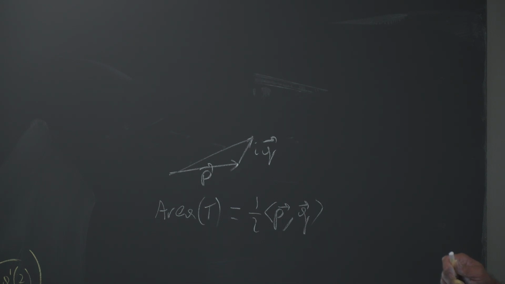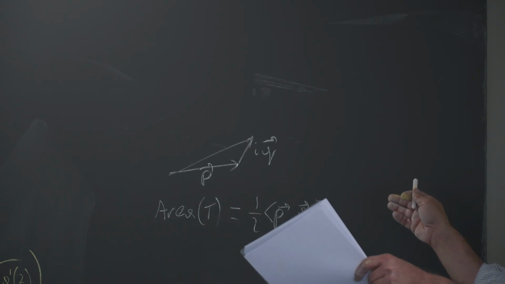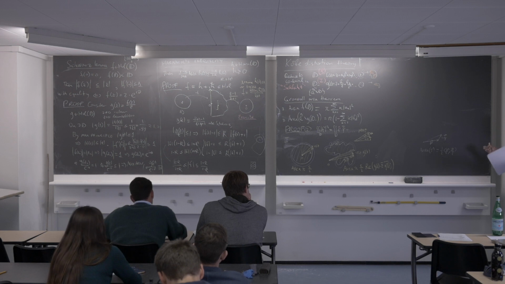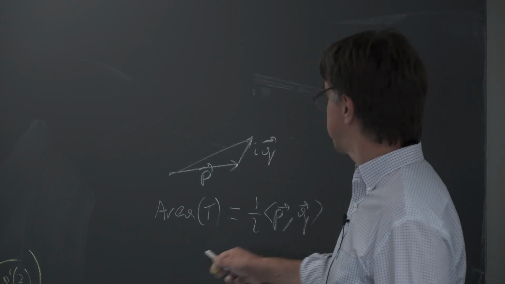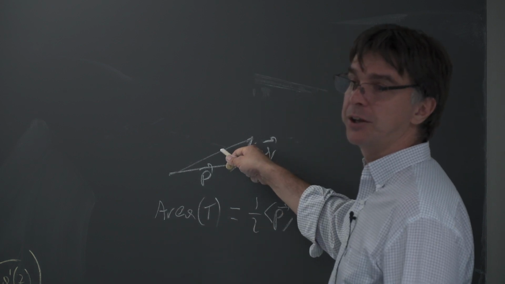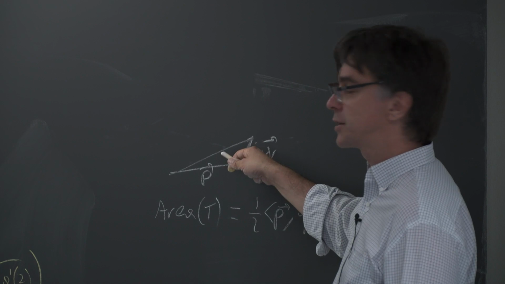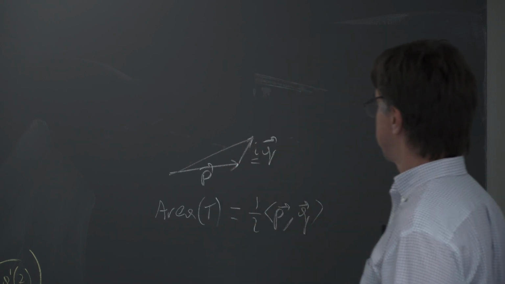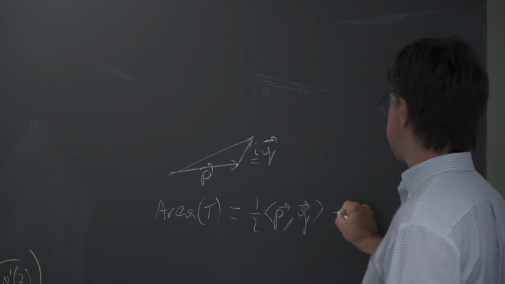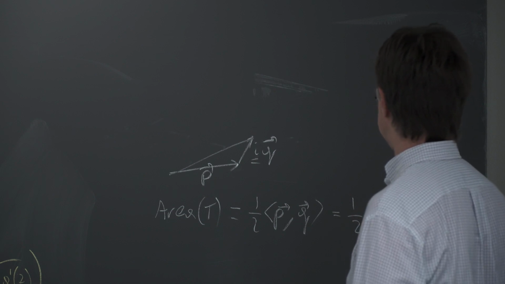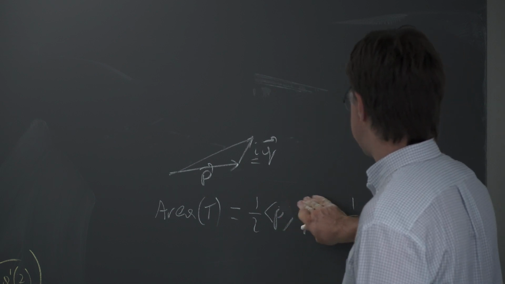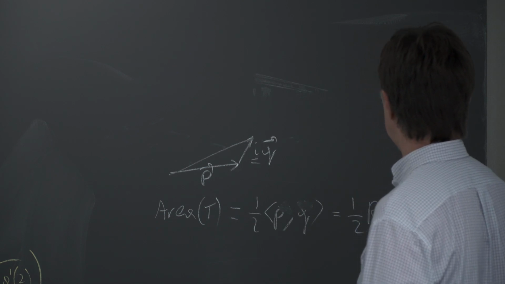Why? Because the scalar product has the cosine of the angle between the vectors, and area has the sine of the angle between vectors, but here there was a rotation by 90 degrees, so sine becomes cosine. That's because of this careful i there. And this, in terms of complex analysis, is exactly 1/2 of the real part of p times q bar, if p and q are complex numbers.